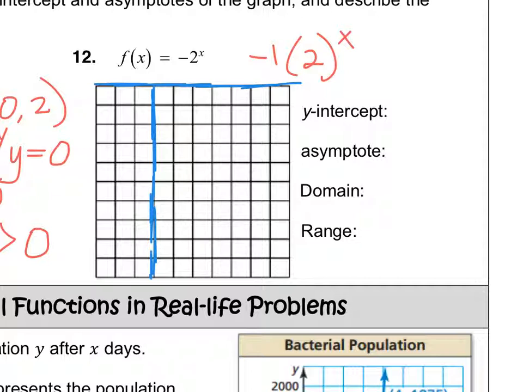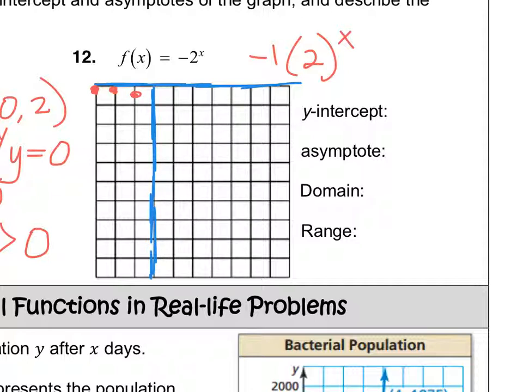So then when I look at my table, way out at negative 3, I have 0.125. So that's way, way up here, but not touching 0. Negative 2 is 0.25, so a little bit better. Negative 1 is 0.5.